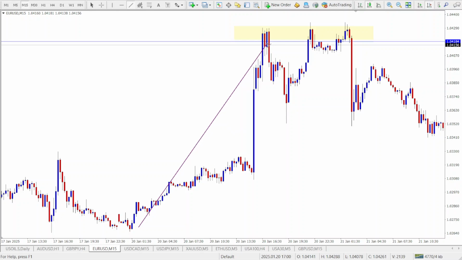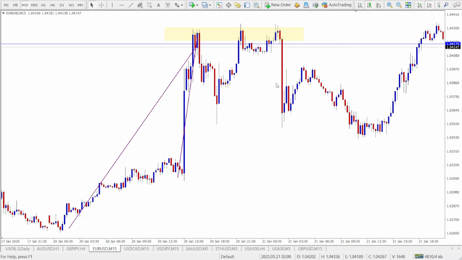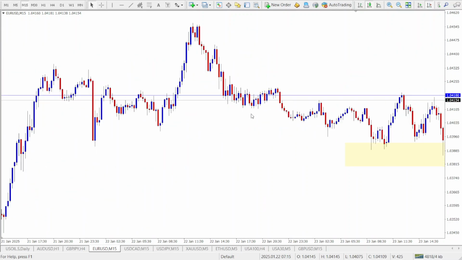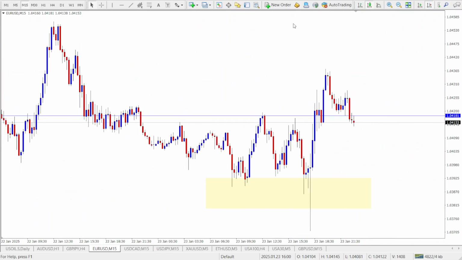We can see how we had a significant bullish move, especially around here. Right after the bullish move, we can see that we had a supply zone. We had sellers dominating this zone, and because of the prevalence of sellers, they were able to push the price down significantly.